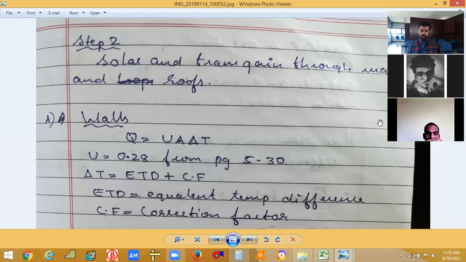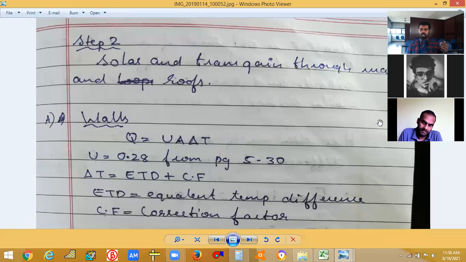Today we have gone through step 1 and started step 2. Step 1 was solar gain through glass. Wherever we have exposure, we choose that orientation and from there we found the solar gain through glass.